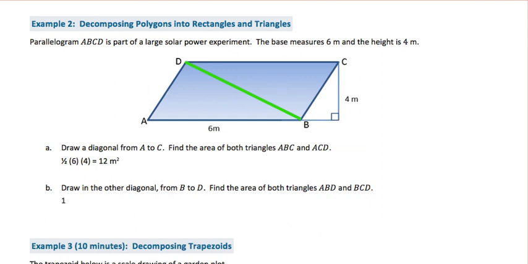So we have 1/2 times our base, which is 6, times our height, which is 4, and that gives us 12 square meters, which times 2 is 24 square meters. So we can see that we can cut this polygon, which is a parallelogram, into 2 triangles and find it that way.